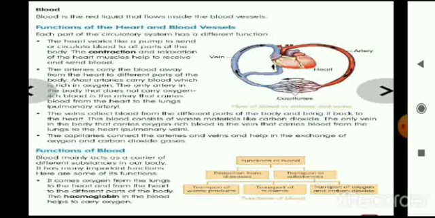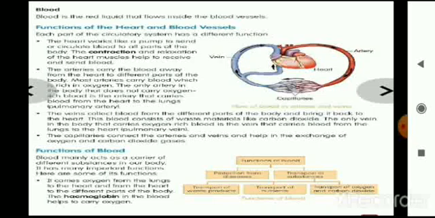And one more difference between arteries and veins is that most arteries carry pure blood, or the blood which is rich in oxygen. But on the other hand, most veins carry blood that contains carbon dioxide or waste materials.